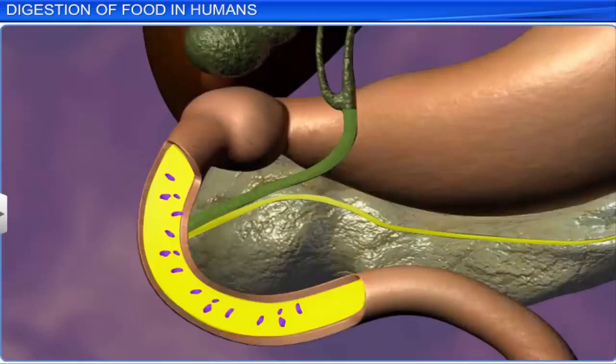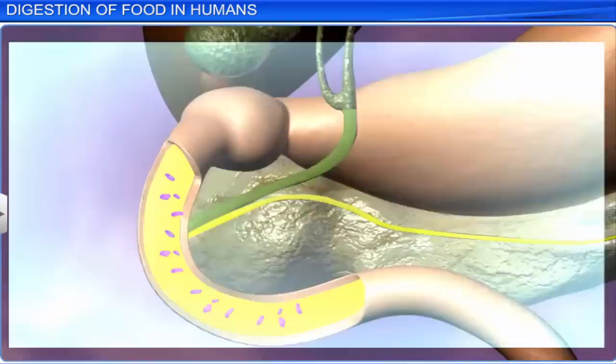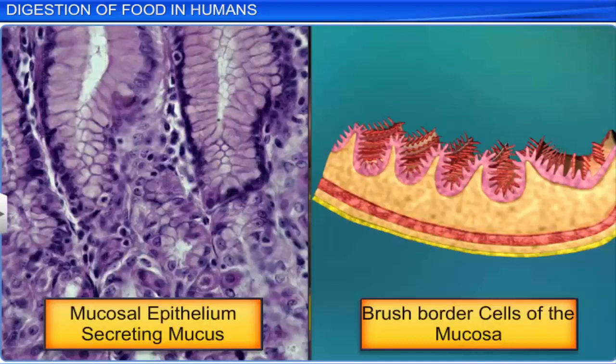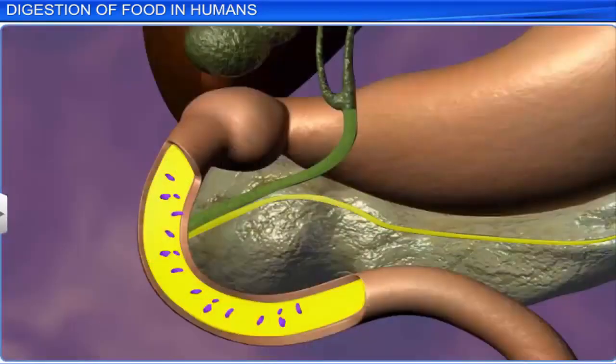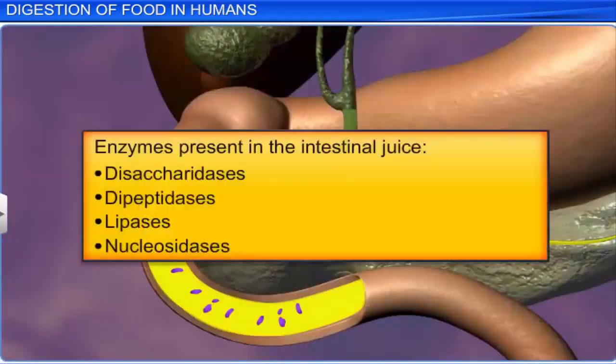This juice consists of mucus secreted by the goblet cells in the small intestine's mucosal epithelium and secretions of the brush border cells of the mucosa, and contains several enzymes such as disaccharidases, dipeptidases, lipases, and nucleosidases.